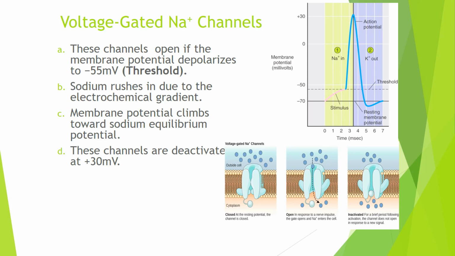Now, as we continue talking about these voltage-gated channels, these are important for action potentials because both potassium and sodium have a charge associated with them, okay? And so that means that these charges are either entering or exiting the cell. And so that's what's generating that electrical activity for that axon and for that neuron.